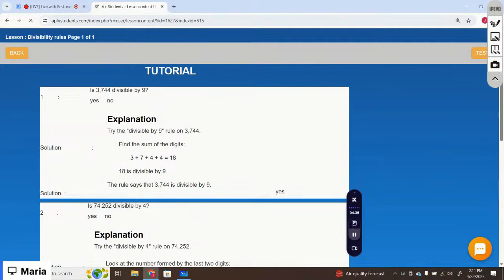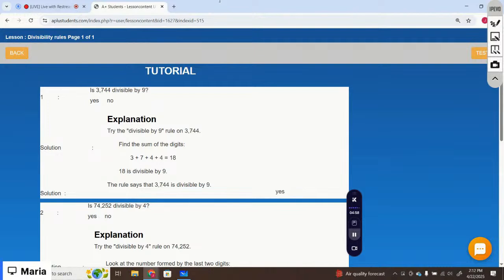Let's just look at an example. Is 3,744 divisible by 9? The divisibility rule for 9 is that the sum of all the digits must be divisible by 9. So just add the numbers: 3 plus 7 plus 4 plus 4.